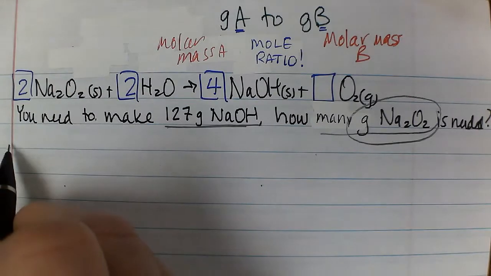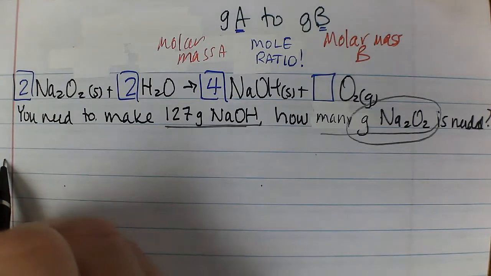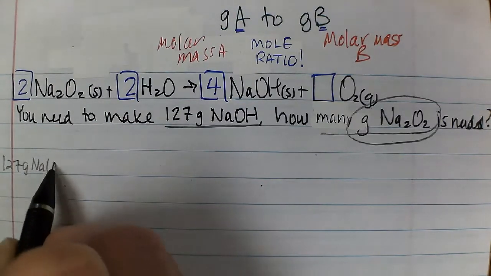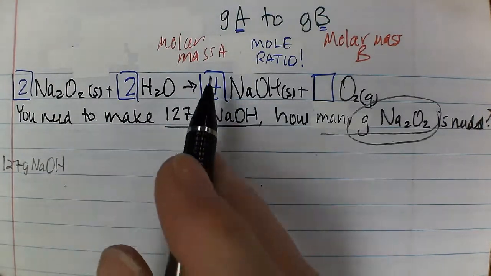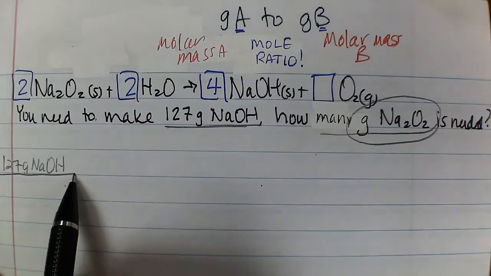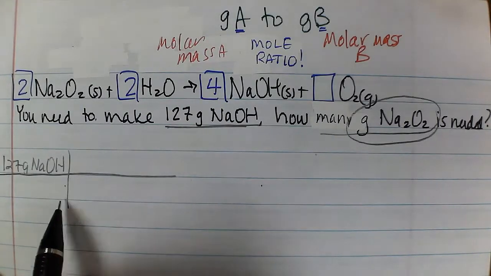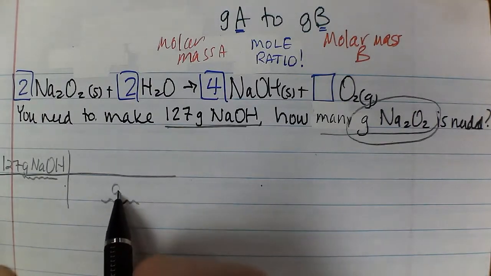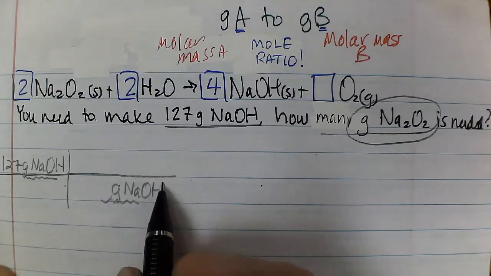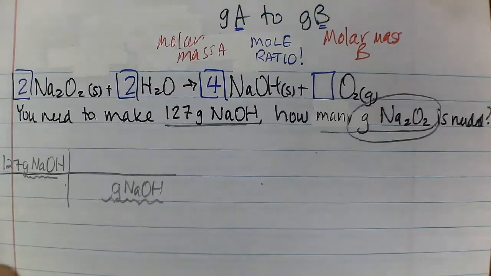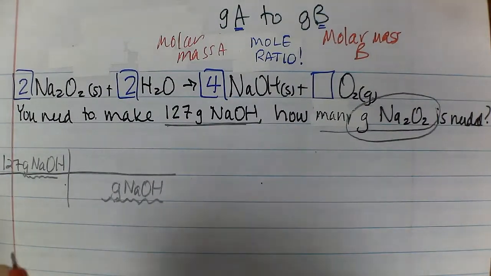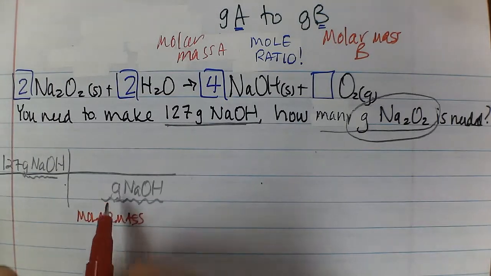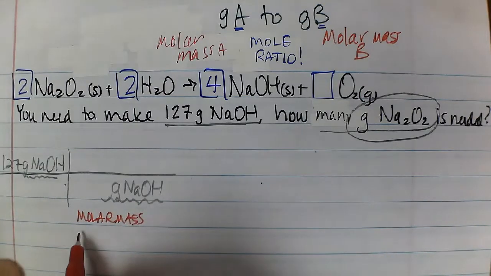So I'm going to start just a little bit further than the red line, and I'm going to write my 127 grams NaOH, because I can tell from up here that this is going to be a 3-step picket fence. So now I'm going to take my grams of NaOH and put that on the bottom, just like I always do. And because this is a molar mass, I know that because it's grams.